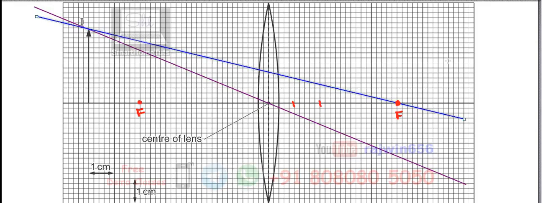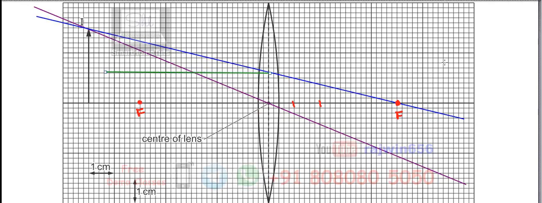The second ray, the blue ray that I have drawn, this is the ray that is passing through the focus, through the end point of the image. Another ray that I am going to draw over here is the green line that I have drawn.